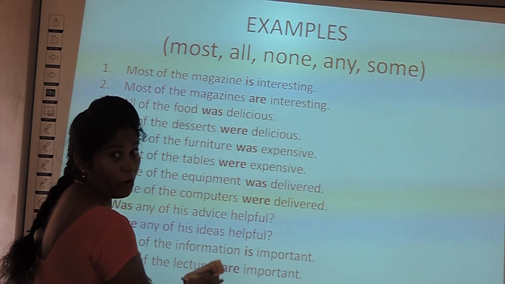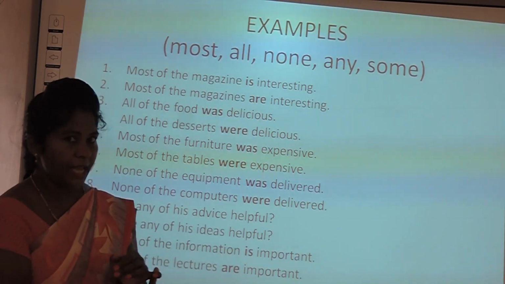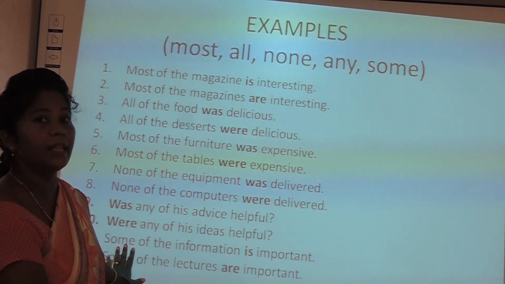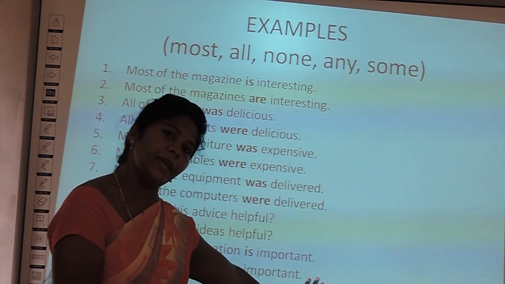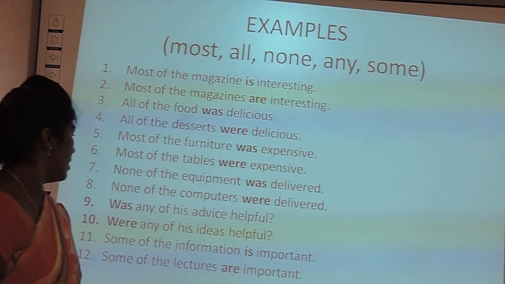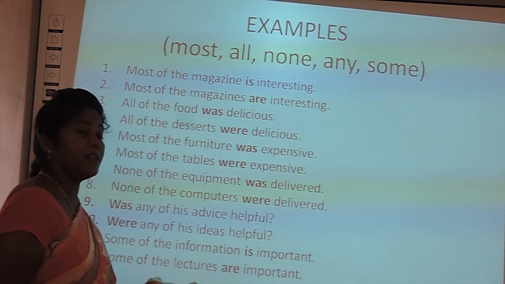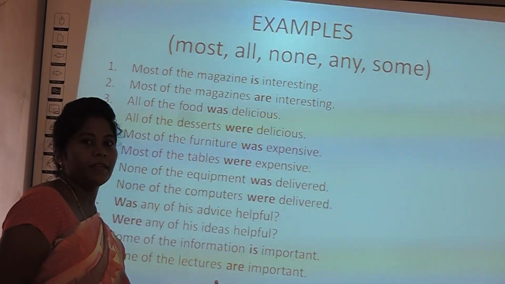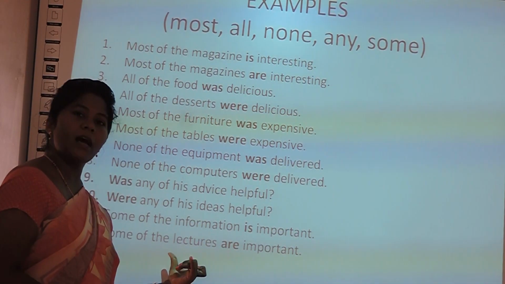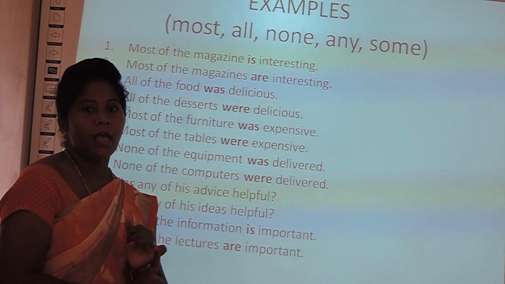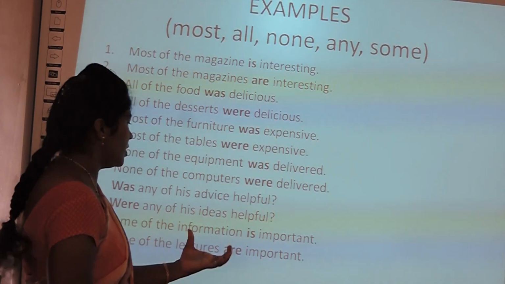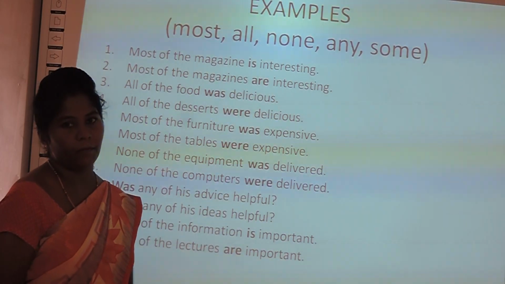Information is an uncountable noun, and it is going to take a singular verb, is. Then we have some of the lectures are important. Lectures are countable, we can count, and here we have the countable noun in the plural form, so it's going to take a plural verb.